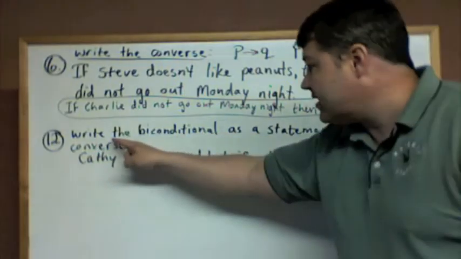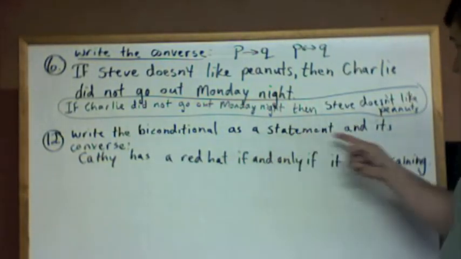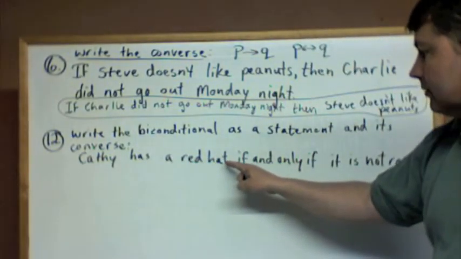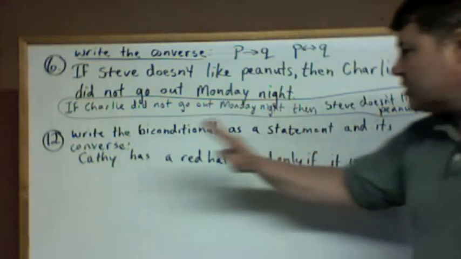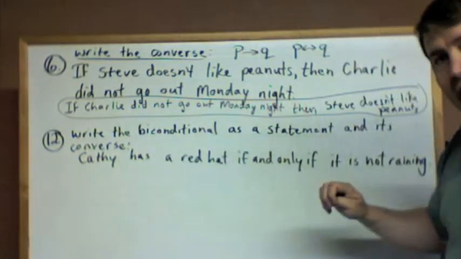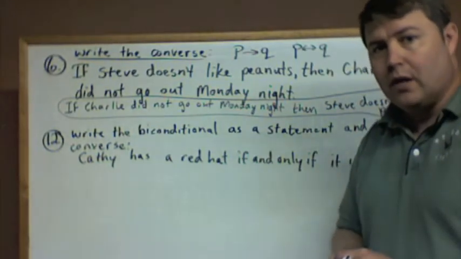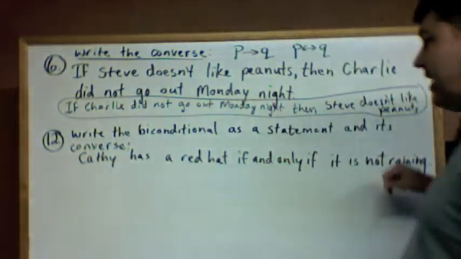So in number 12 it says write the biconditional as a statement and its converse. Kathy has a red hat, if and only if it is not raining. So the first statement is Kathy has a red hat, and the second statement is it is not raining. The original statement would be, if Kathy has a red hat, then it is not raining.